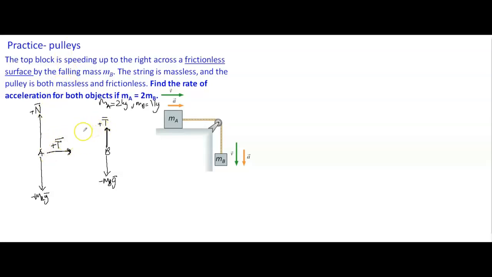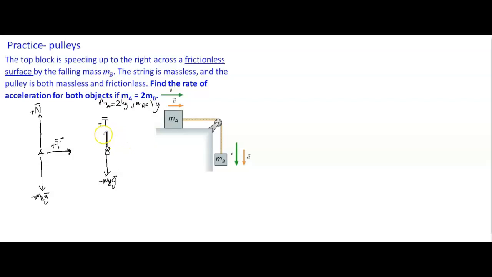Okay. So what I want to do is sum the forces in the X and Y direction on block A, although it's not necessary to sum the forces in the Y direction since there is no friction force. Again, the normal force, evaluating that in the Y direction is going to be very important. And block B is going to be accelerating down. So the sum of forces in the Y direction upwards is going to actually be smaller than what I've indicated.